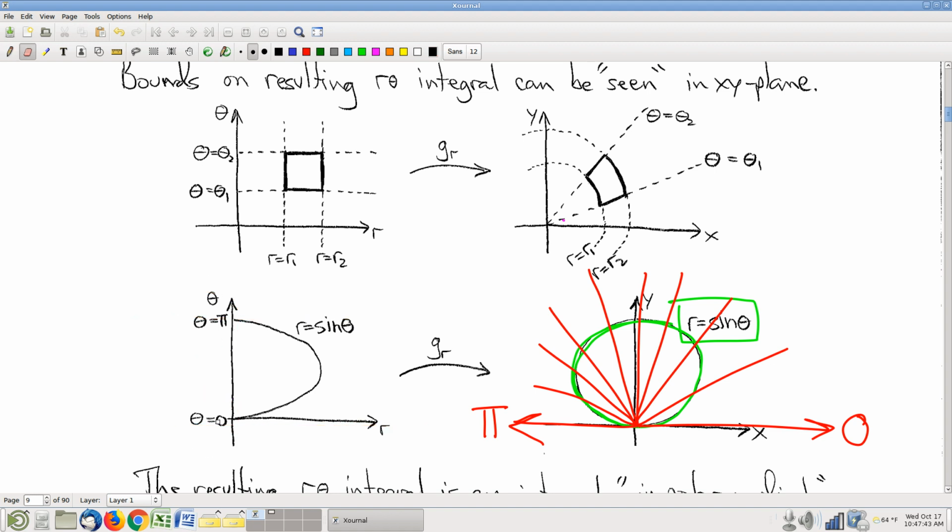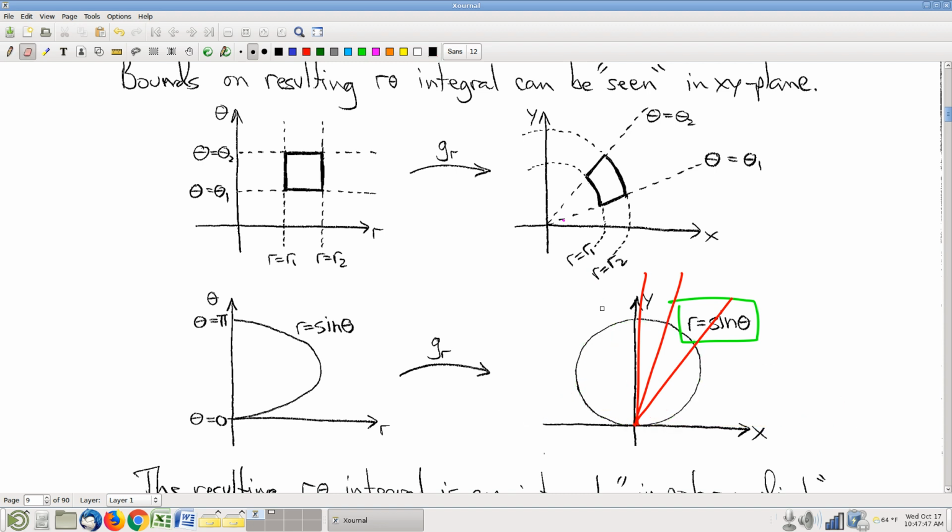Then for some given value of theta, let's just pick one. Let's say that value of theta. The starting value of r, well, I would have drawn that over here, where I can see r is 0, but I can also very comfortably see there r is 0.